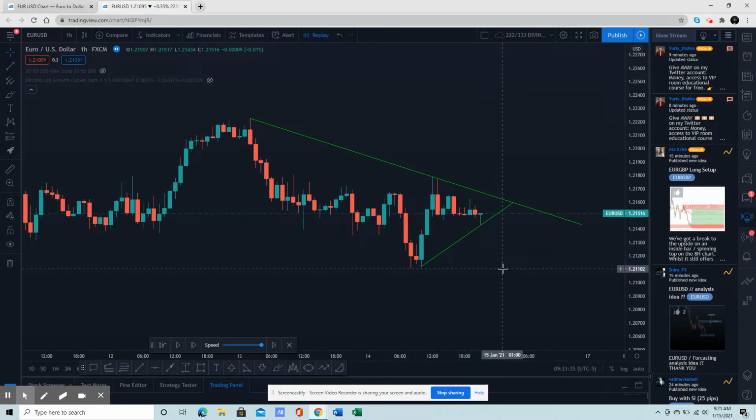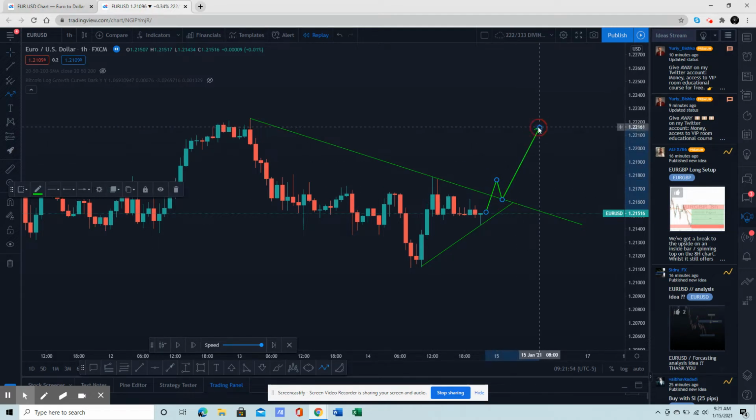So I told myself if it breaks above, I would look to take the trade long, possibly get a pullback, add onto the position, take it up. Same thing down here. If it breaks, take it.